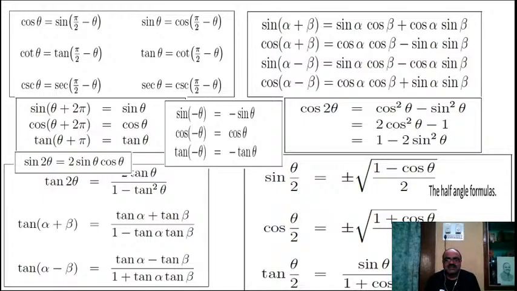So I request, when you are putting this into practice, you must do it very systematically. This is going to help all of us very clearly. So sine of theta by 2 is plus or minus root of (1 minus cos theta) by 2, and cos theta by 2 is plus or minus root of (1 plus cos theta) by 2.